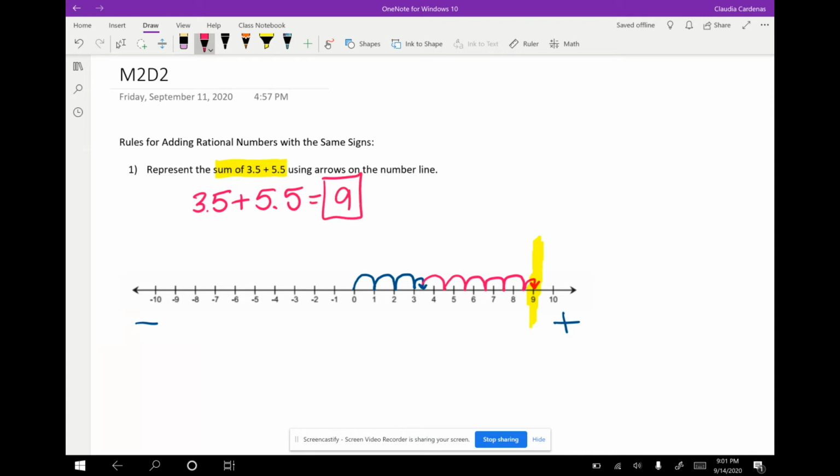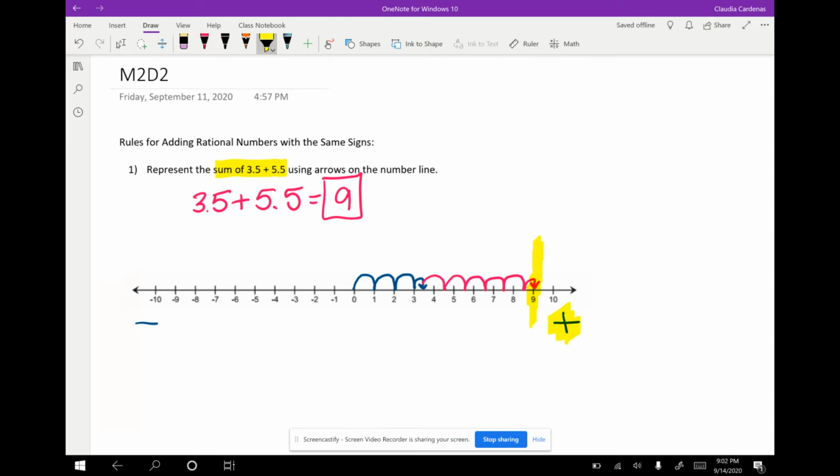Okay? Do you think that adding two positive numbers will always give you a greater positive number? Yes, because adding two positive numbers together gets us an even greater positive number, which we saw on the number line because as we added these two together, we moved further away from 0 in the positive direction.